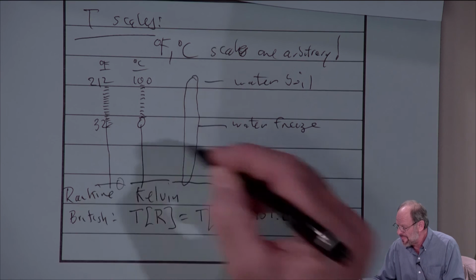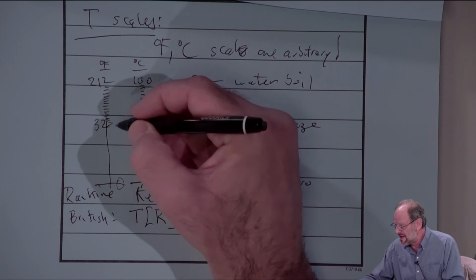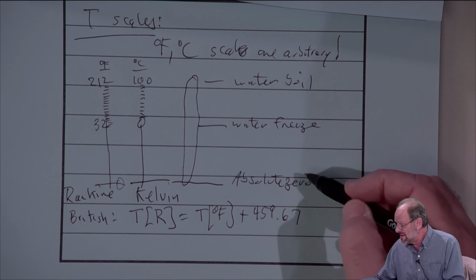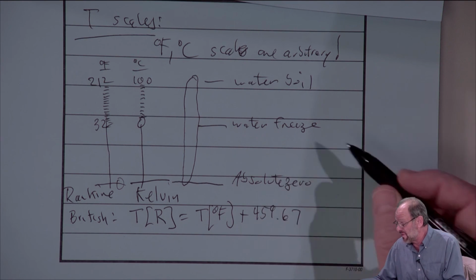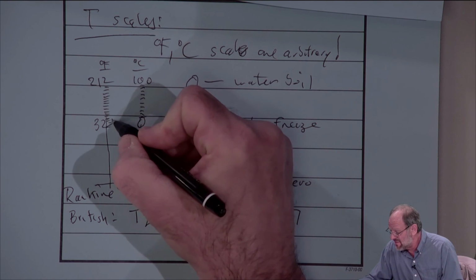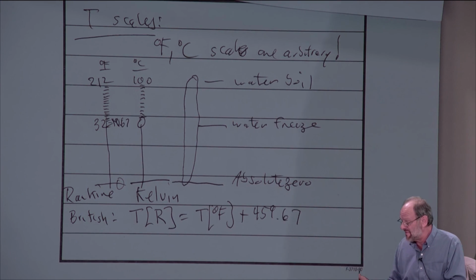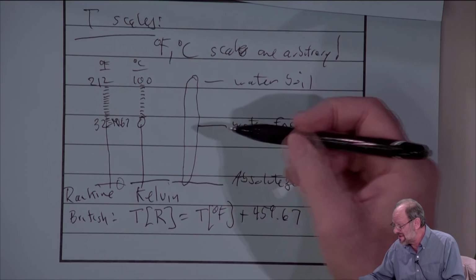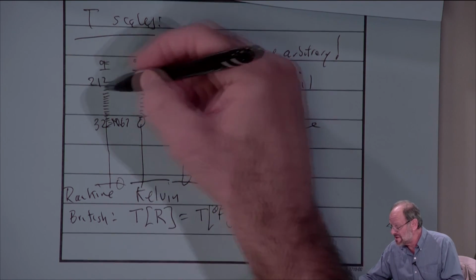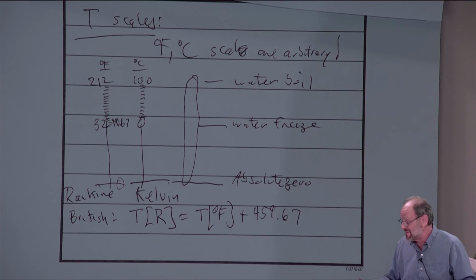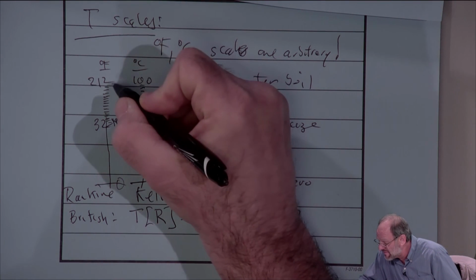It turns out that at the point where water is going to freeze, we have to add 459. So that's 491.67. And then we have to add another 180 degrees onto that. So let's see, 212 plus 459.67 is what? 471?